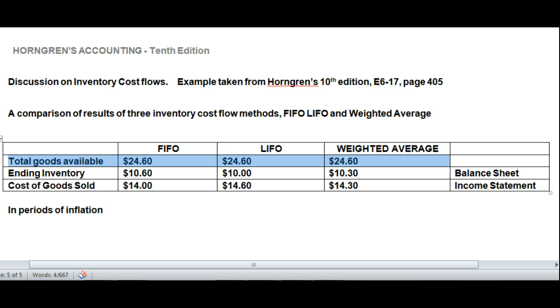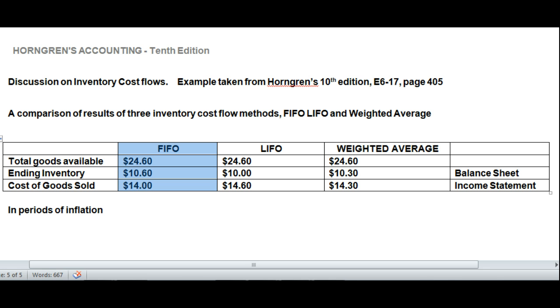And it would be the same for an entity regardless of which method they chose to use. Purchases and beginning inventory added together give you total goods available, and they are what they are, and it will always be the same for the three methods. The cost flow then splits total goods available between ending inventory and cost of goods sold. You either sold it or it remains in your ending inventory.